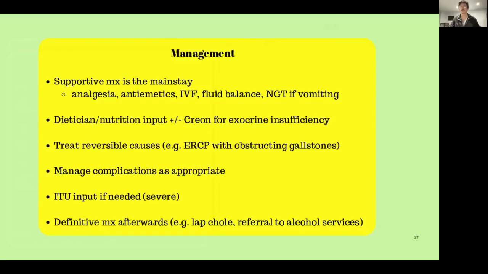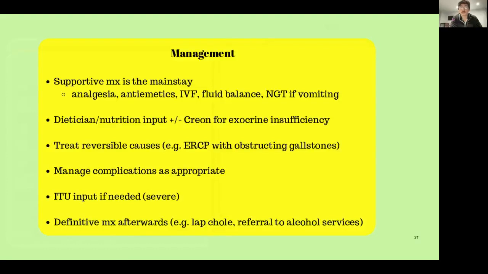the pathological process is an auto-digestion of the pancreatic tissue. They're not going to be producing as many digestive enzymes or as many hormones. So Creon supplementation might be needed, as well as nutritional supplements like Ensures and milkshakes, or parenteral nutrition if they can't have anything orally.